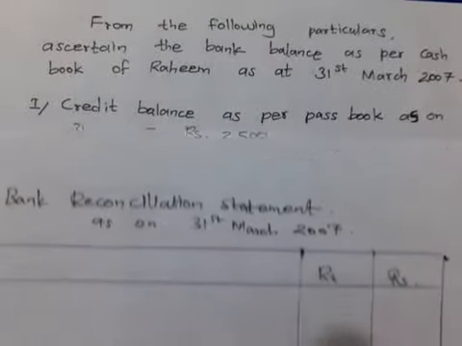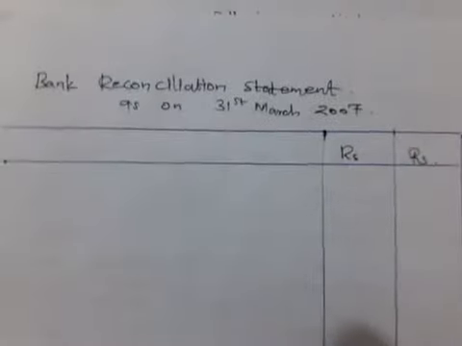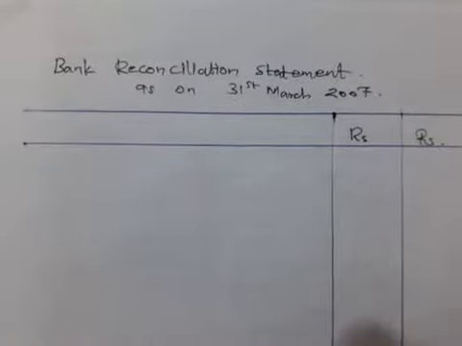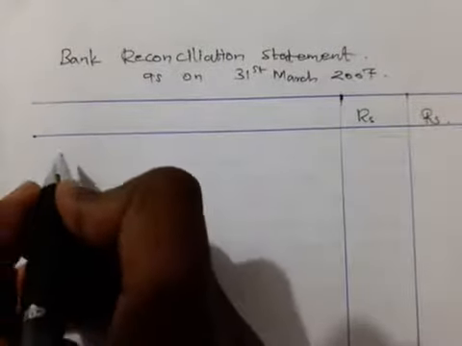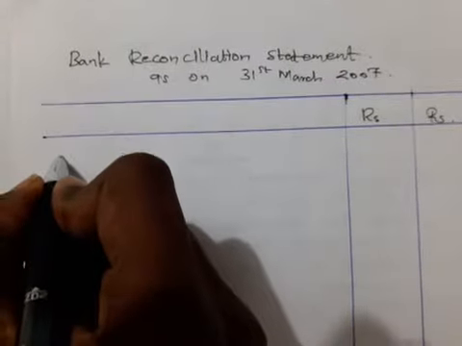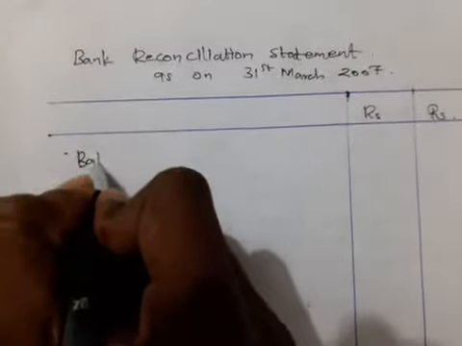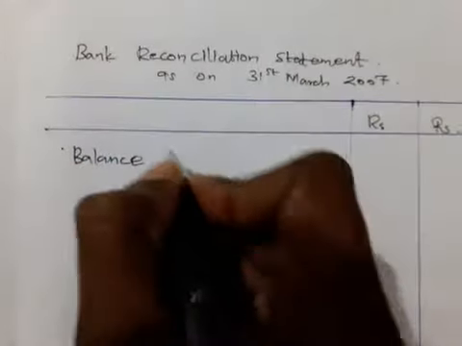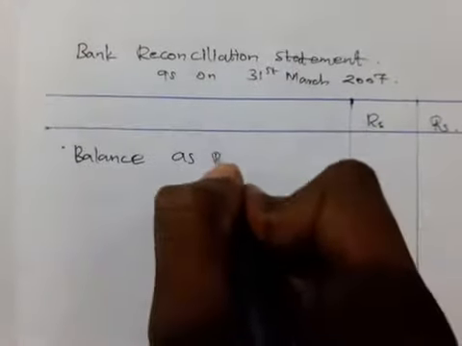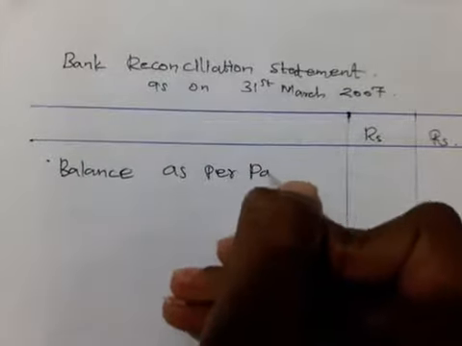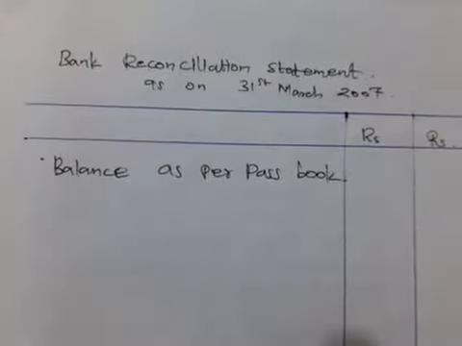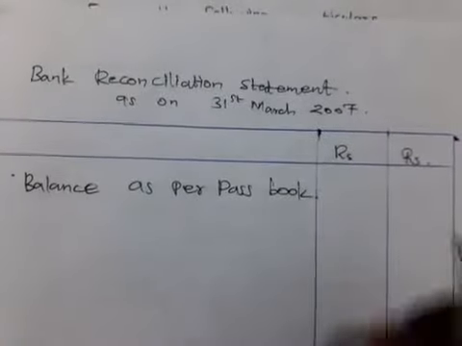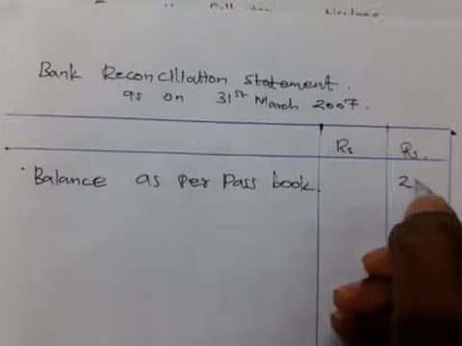So we have to record this 2500 balance amount first. As per passbook, 2500.